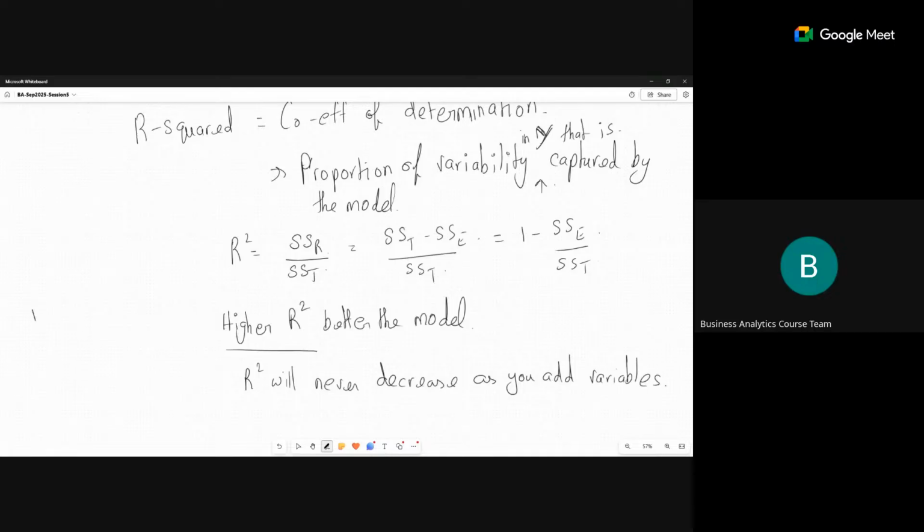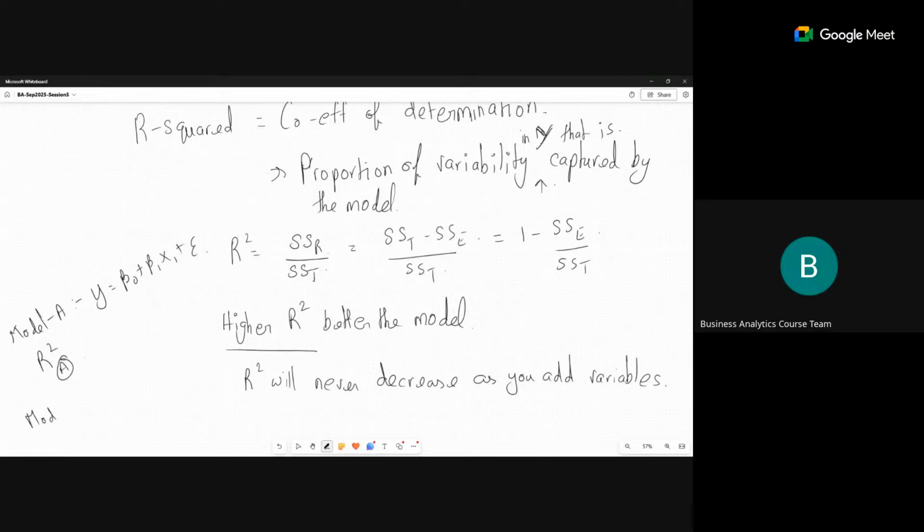So let's say I build R squared A, for model A. Let me write it like this. Let's say I have model A, which is Y is equal to beta naught plus beta 1 x1 plus epsilon. This has R squared, which is RA.